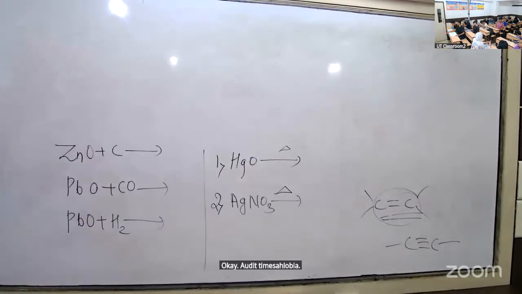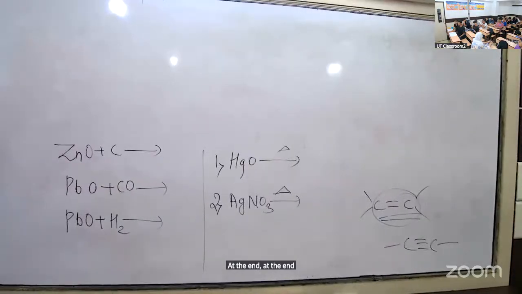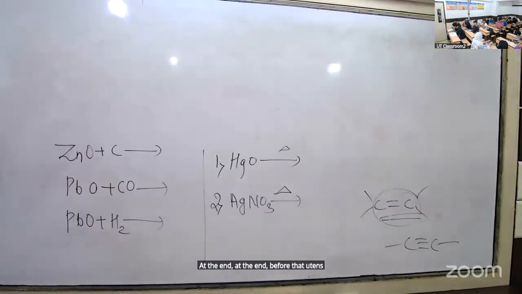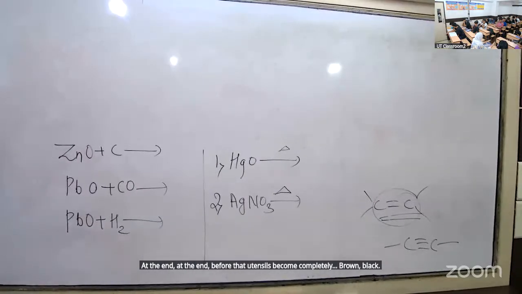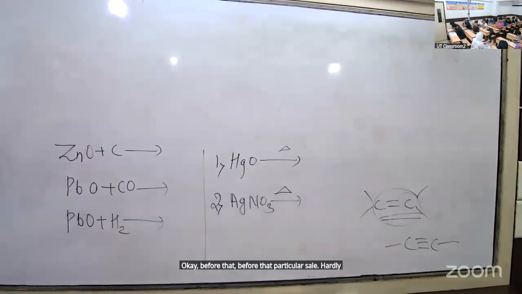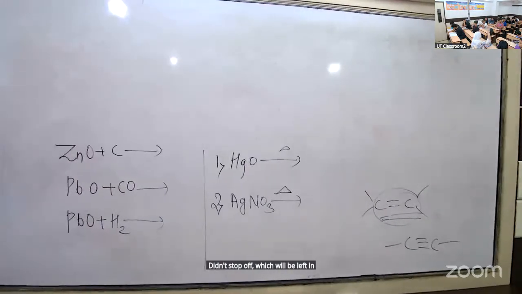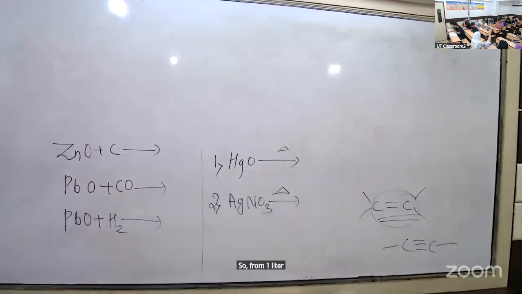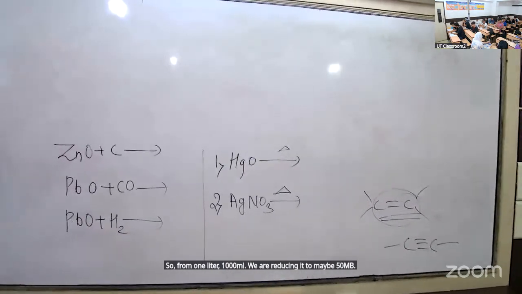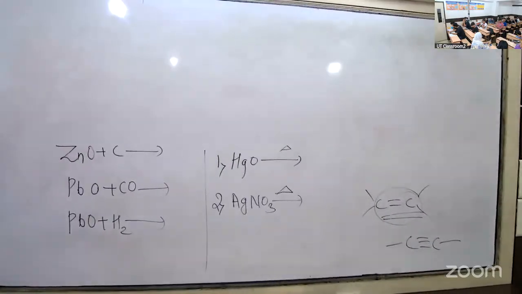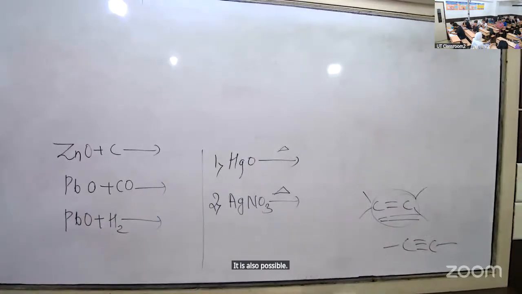At the end, before that utensil becomes completely brown, black, before that particular state, hardly 1 or half a cup of milk will be left in that utensil. So from 1 liter, 1000 ml, we are reducing it to maybe 50 ml. That also happens, it does not even come to 1 spoon. What did I say? Before the utensil becomes black.